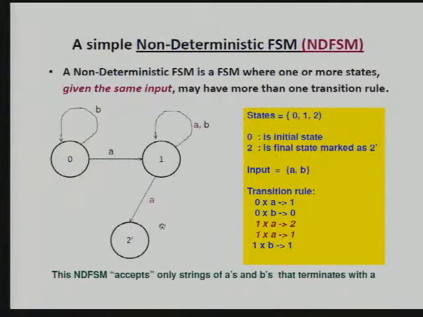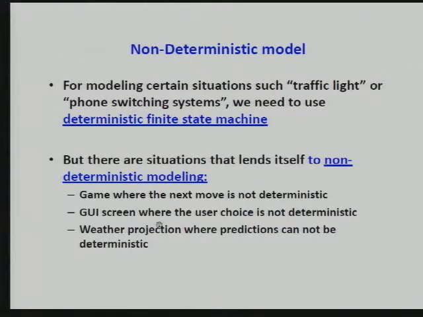Non-deterministic state machines. I put some notes in here, but this is something I just want to make you a little bit aware of. Think of something like a traffic light, where these lights can turn based on traffic scenarios and time of the day, or a phone switching system.